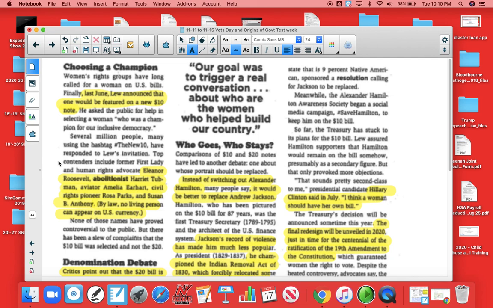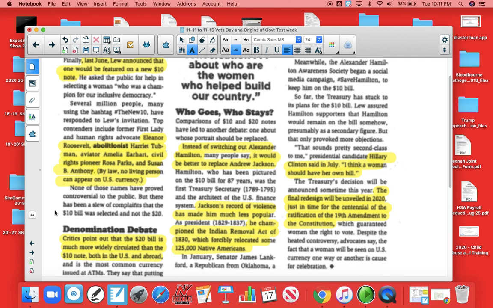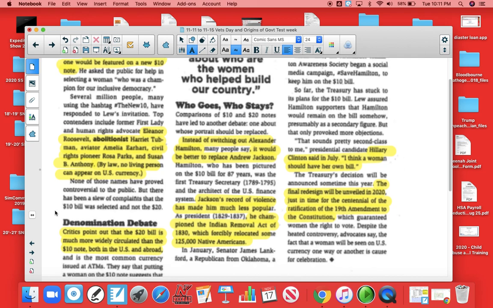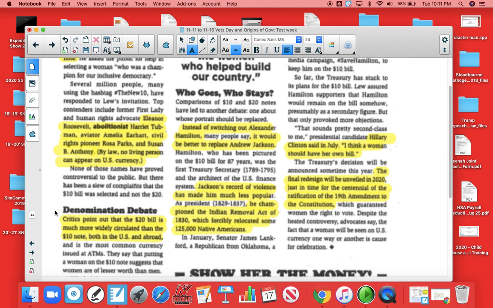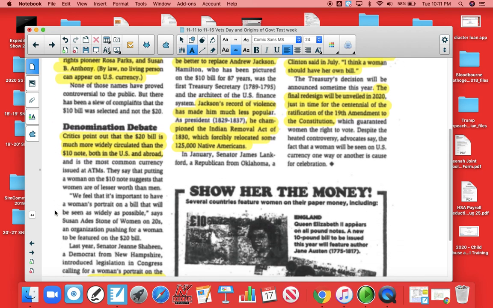Top contenders include former First Lady and human rights advocate Eleanor Roosevelt, abolitionist Harriet Tubman, aviator Amelia Earhart, civil rights pioneer Rosa Parks, and Susan B. Anthony. By law, no living person can appear on U.S. currency. None of those names have proved controversial to the public, but there has been a slew of complaints that the $10 bill was selected and not the $20 bill.